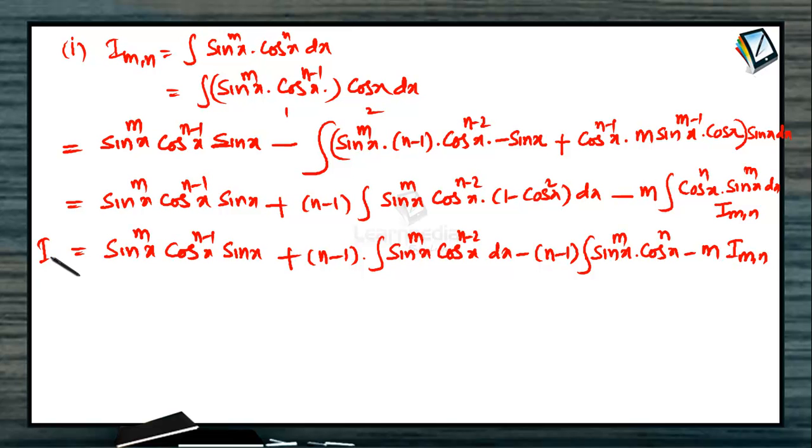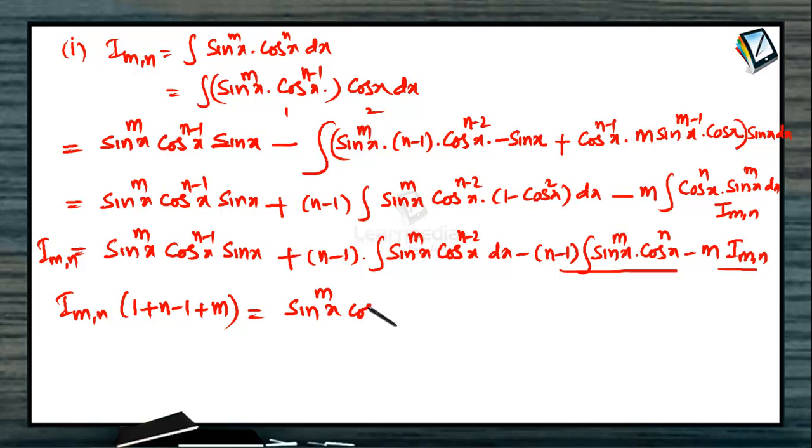This total is I m,n. So this one goes that side and this one also goes that side, that is I m,n of (1 plus n minus 1 plus m) is equal to sin^m x into cos^(n-1) x into sin x plus (n-1) into I m,(n-2).